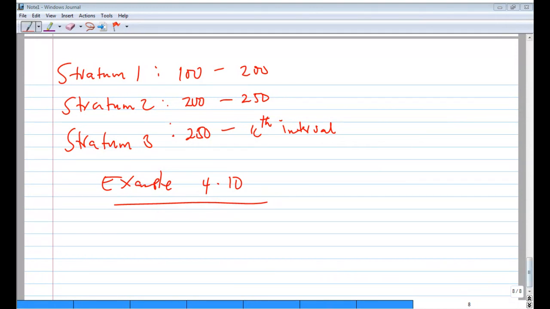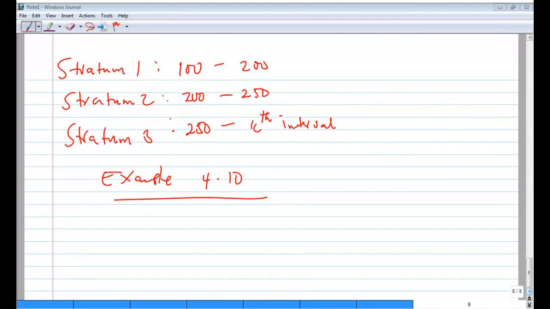Let me just write it down quickly. But we don't need it because all the calculations are there. We have got the income in thousands intervals. We have the frequencies. We have got the square root of frequencies. We have got the cumulative frequencies. Is it necessary to write it down?